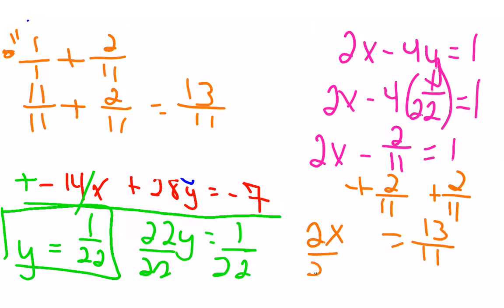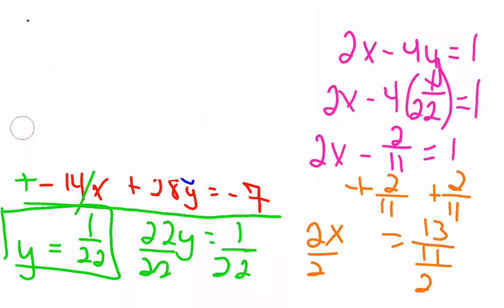And last but not least, we need to divide by 2. So again, let's give us some more room. And now we're going to divide fractions. So in this case, we have 13/11 divided by 2. Remember, that's 2/1. And we never actually divide.